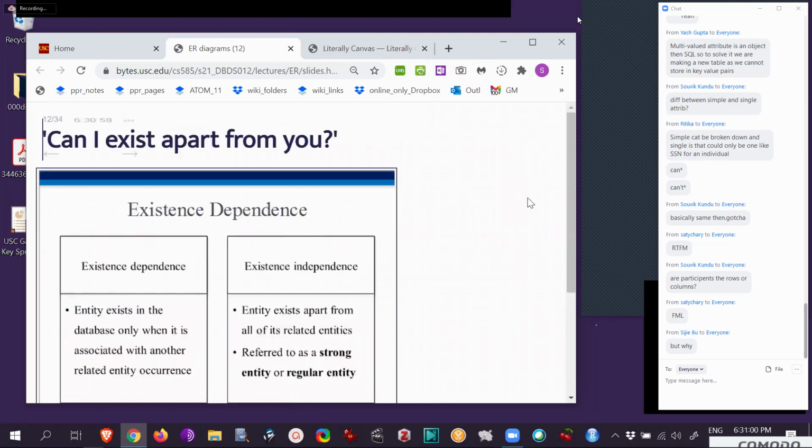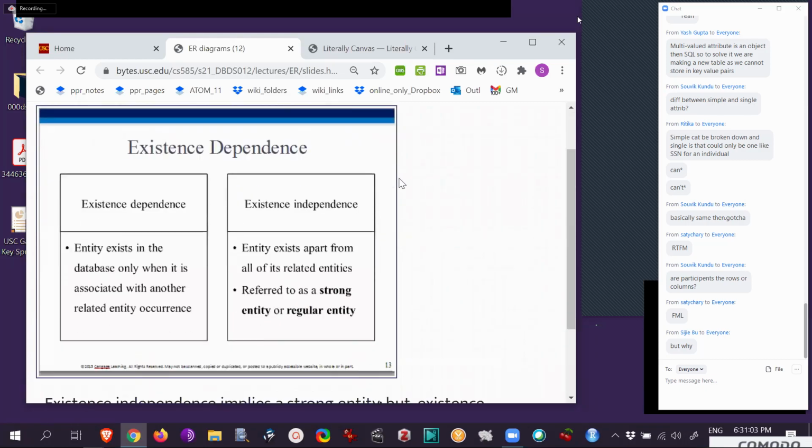Now we come to another very important property called existence dependence, existence independence between two tables. So a table says to itself, can I be independent in the whole world all by myself, like a grown-up? Hey, this adulting thing. Or am I always dependent on somebody else in the world? That's a very important question in the real world.